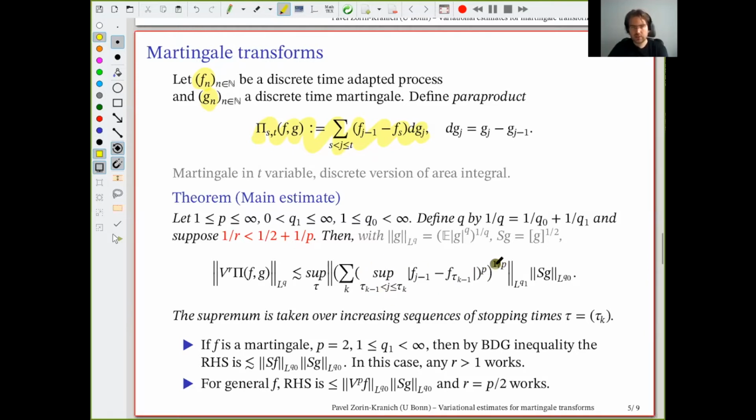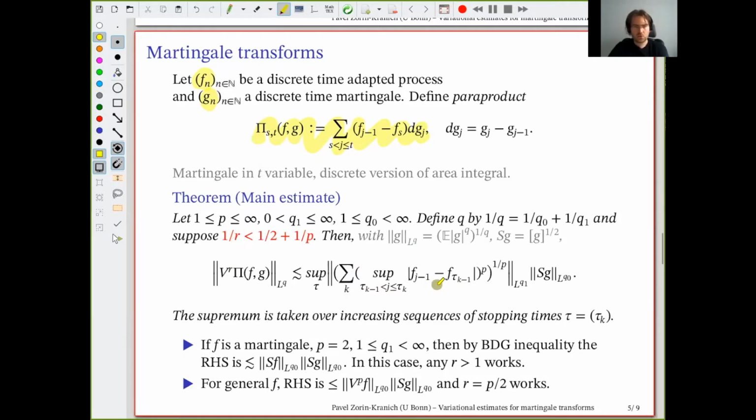Then you can take P equals 2, and what you get here is also just the square function of your martingale F. So you can take P equals 2, and the condition on R becomes R is less than 1. This recovers the variation norm estimate for the integral of a martingale with respect to a martingale.